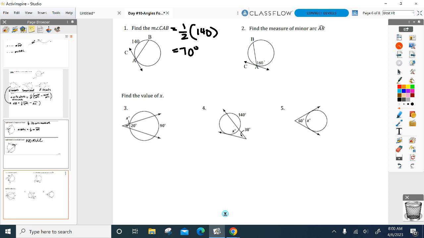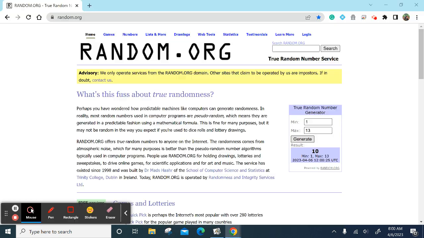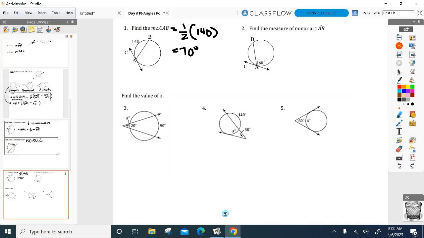Find the measure of minor arc, the smaller one, minor arc AB. Minor arc. So I'm looking at this one right here. What's the measure of that? Well, the 160 is there. What's next to it then? What's next to 160? What's the angle CAB? Linear pair, so this will be how many degrees? 20.